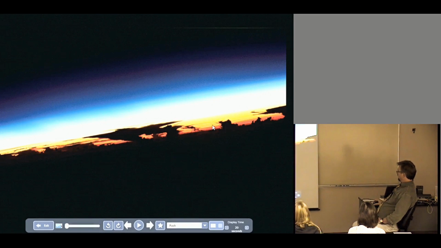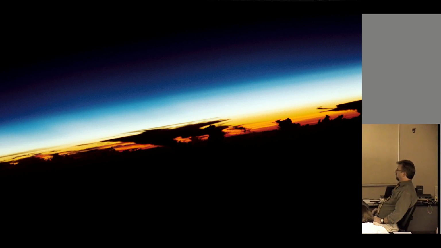Also, you can see that the light coming through the troposphere is orange and red, and the light in the higher levels is blue. The reason is that in the troposphere there's a lot of dust. The winds kick up the dust, and as light comes through at an angle during sunrise and sunset, the dust absorbs the cooler colors, like greens and blues in the electromagnetic spectrum.